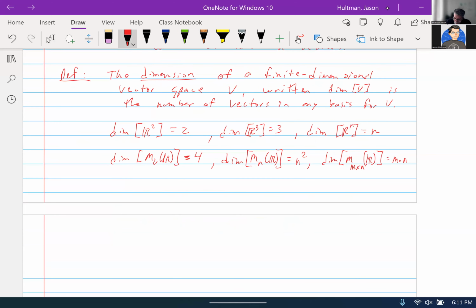I'll leave the little dot there to signify that they're being multiplied together. And then what did we see with the dimension of P2(R)? How many was needed for that? Well, that was 3. And so in general, the dimension for Pn(R) is equal to n plus 1.